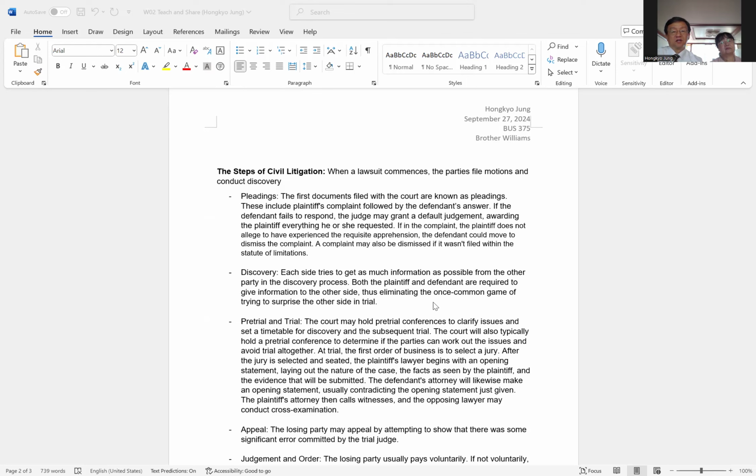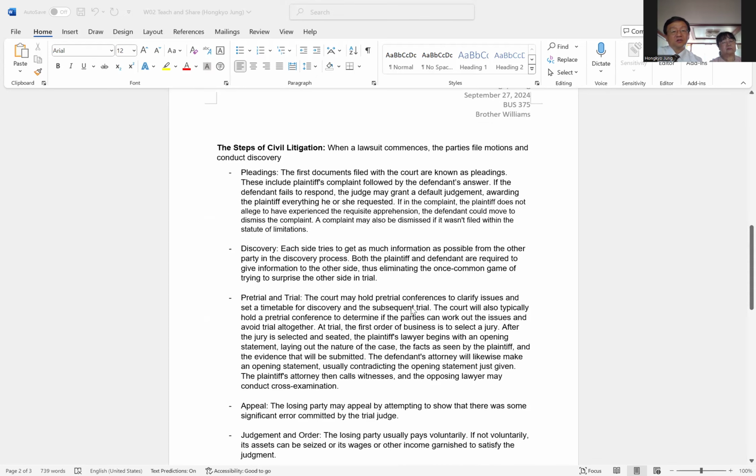Both the plaintiff and defendant are required to give information to the other side, thus eliminating the once common game of trying to surprise the other side at trial. There is a pre-trial conference which clarifies issues and sets a timetable for discovery and the subsequent trial.